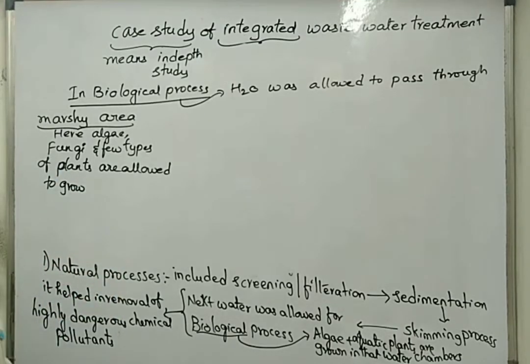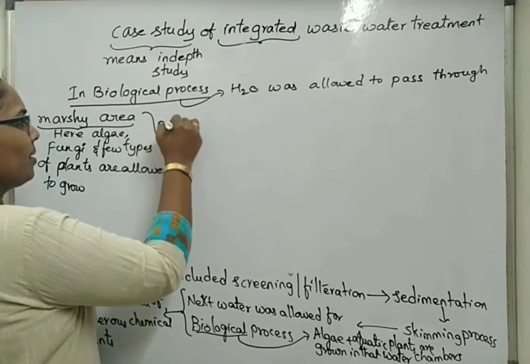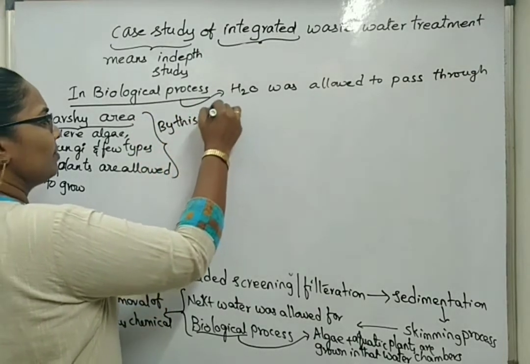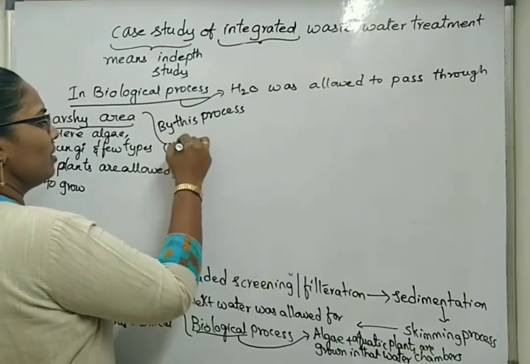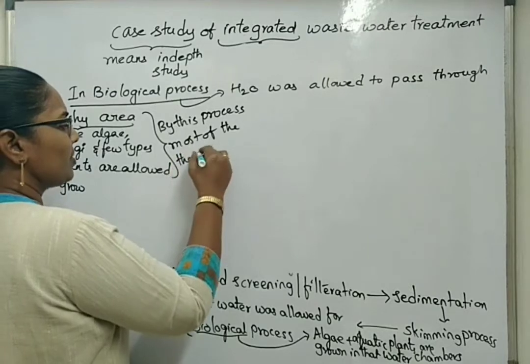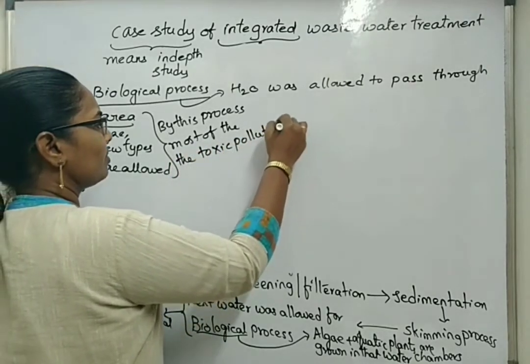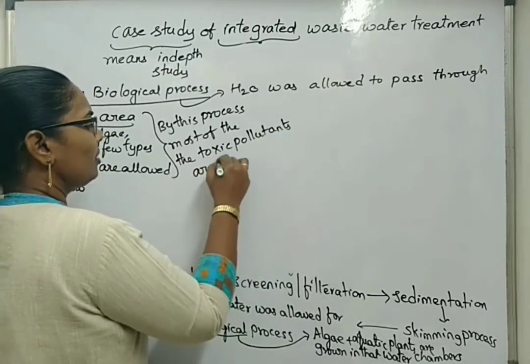So after the biological process, there is a very negligible amount of very toxic pollutants. By this process, most of the toxic substances are neutralized.